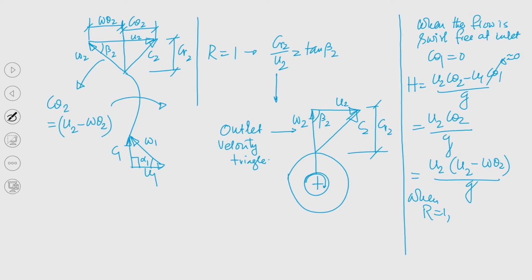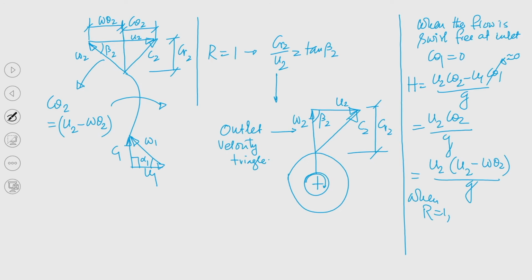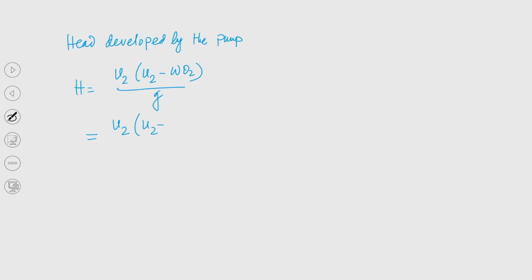So, this Cr 2 by W theta 2 is equal to tan beta 2, right. So, I can write that W theta 2 equal to Cr 2 by tan beta 2, right.